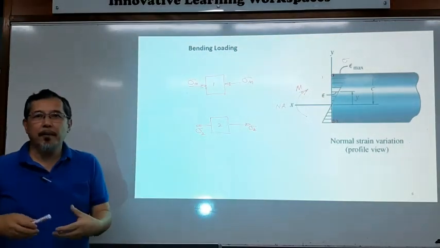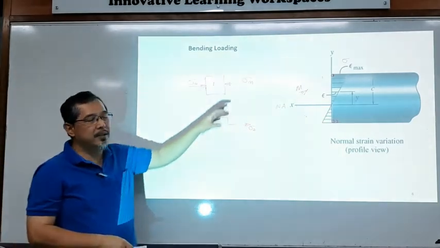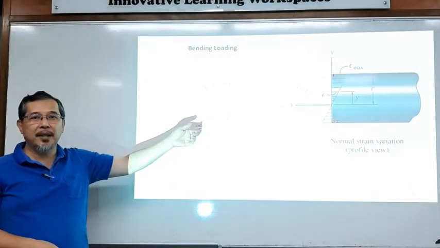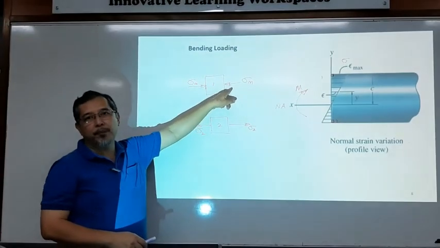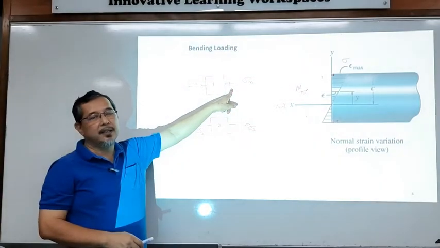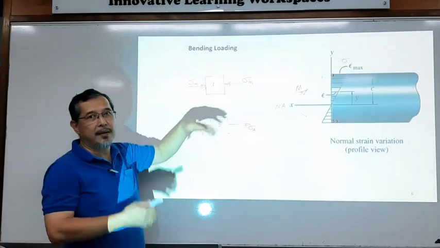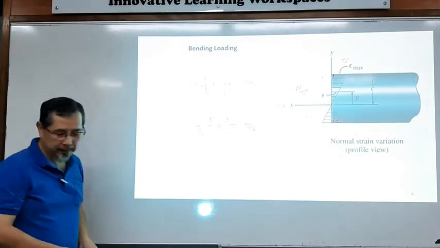But if we combine the loading, not just bending, but also we have axial load, for example, and torsion, then this is not the maximum stress. This might not be the maximum normal stress. So we have a combination effect.